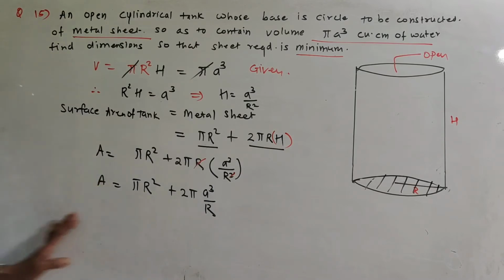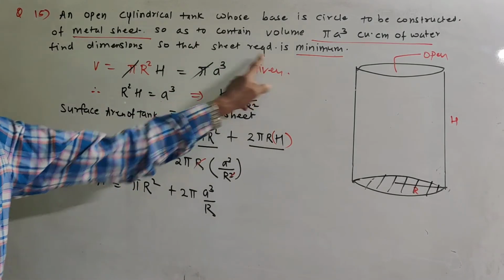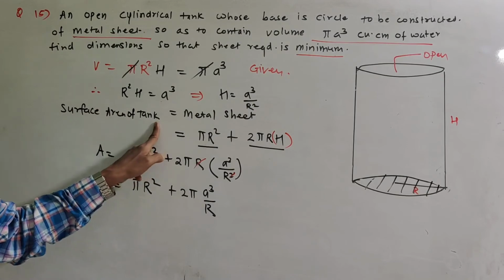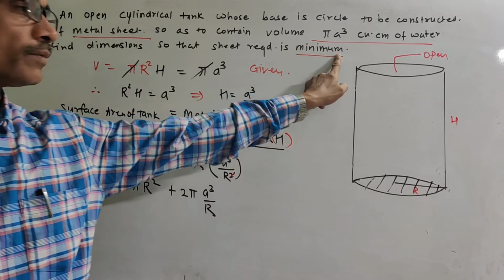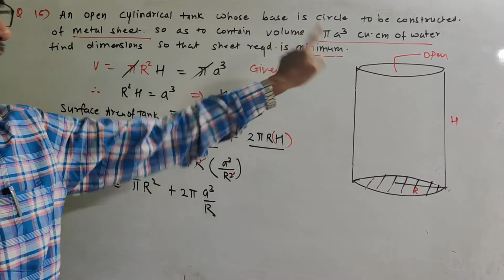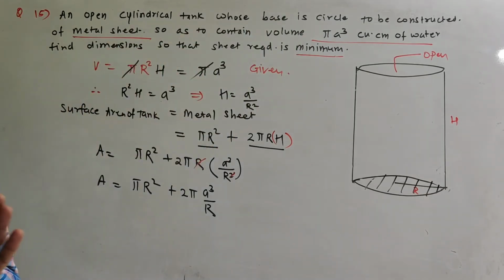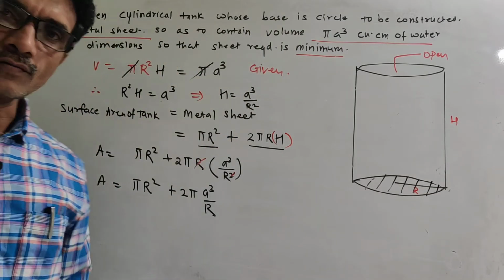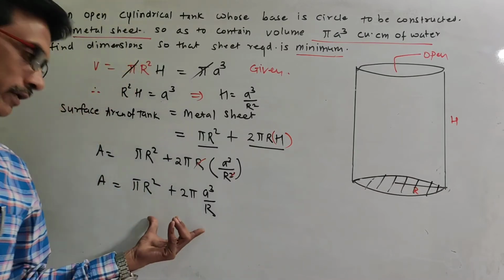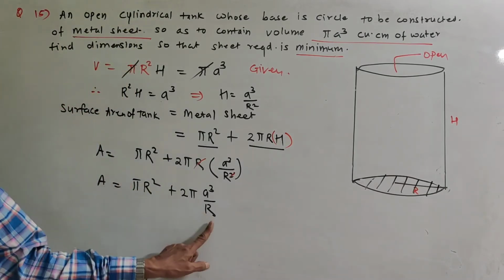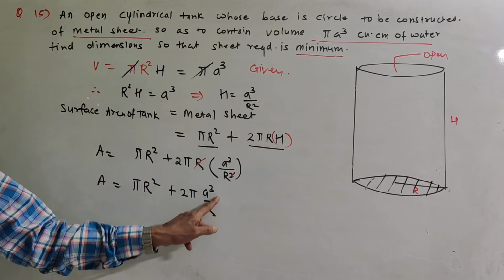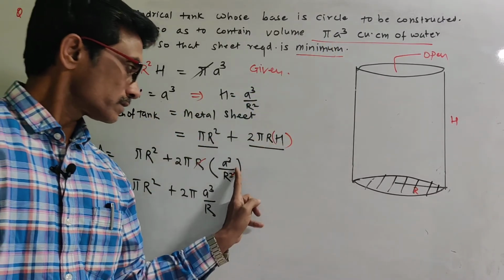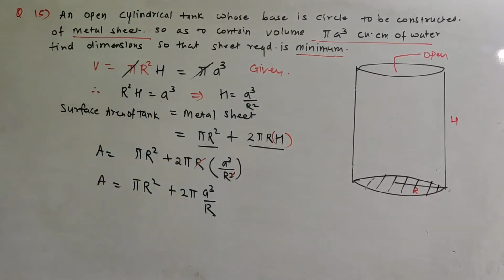Now as usual we want the metal sheet required, that means the surface area of the tank, to be minimum. So for minima or maxima we first find the first order derivative, equate it with 0, and get the value of the unknown. Here the unknown is r. a cube is given, that means a is a constant, not a variable.